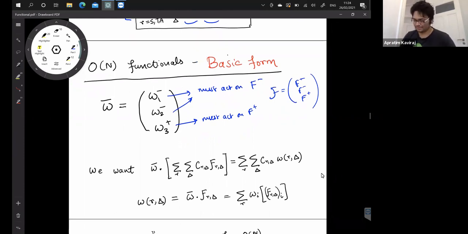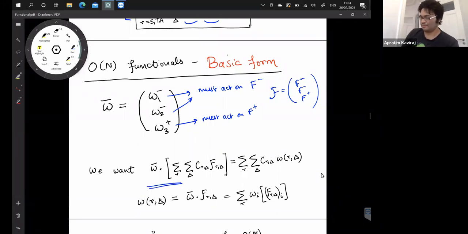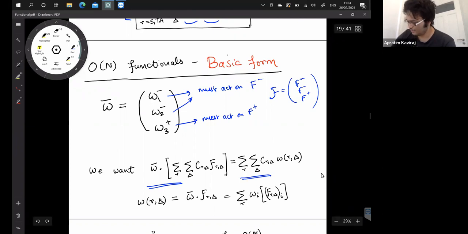We should also have the property that this vector functional, when it acts on the ON bootstrap equation, just gives you a sum over r and delta, and then a sum over the action of the vector functionals.